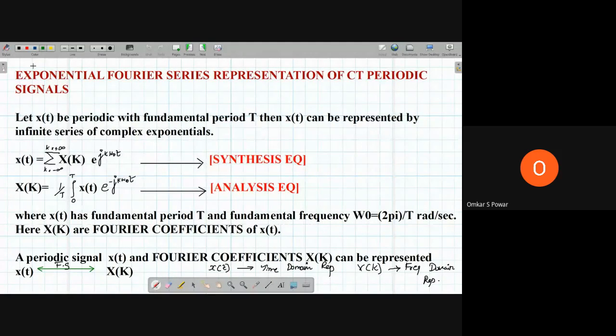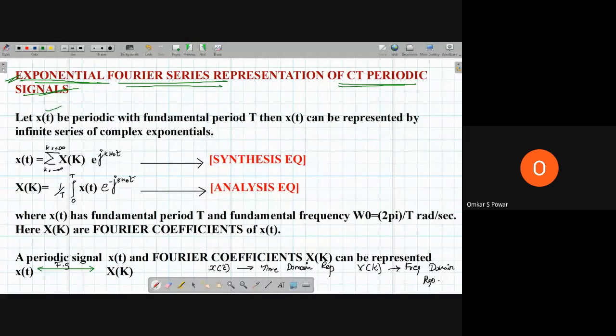I don't know whether you have learnt the harmonic form, but since this is electrical engineering, we will take the simplified one. We will take the exponential Fourier series representation of a continuous time periodic signal. So how can we do that?